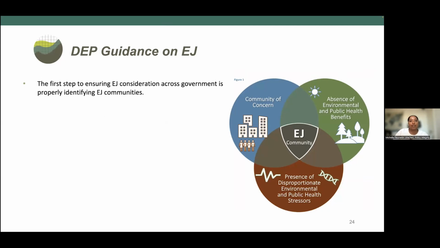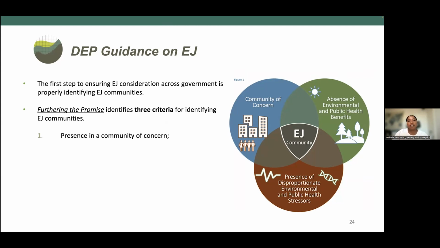Now, the first step to ensuring EJ consideration across government is properly identifying EJ communities. And this is what Furthering the Promise aims to do. So Furthering the Promise identifies 3 criteria for identifying EJ communities. The first is there being a community of concern.